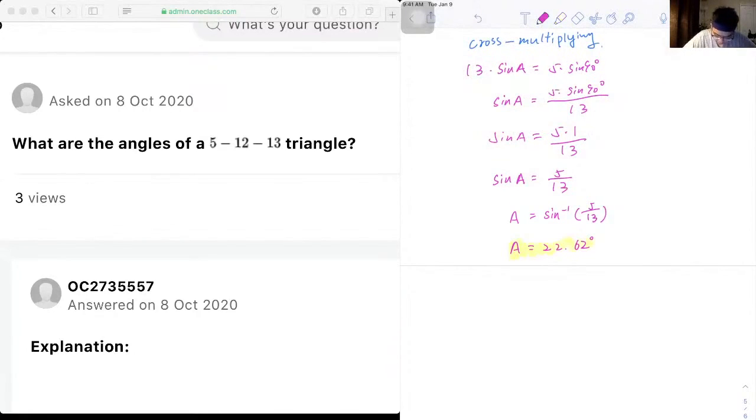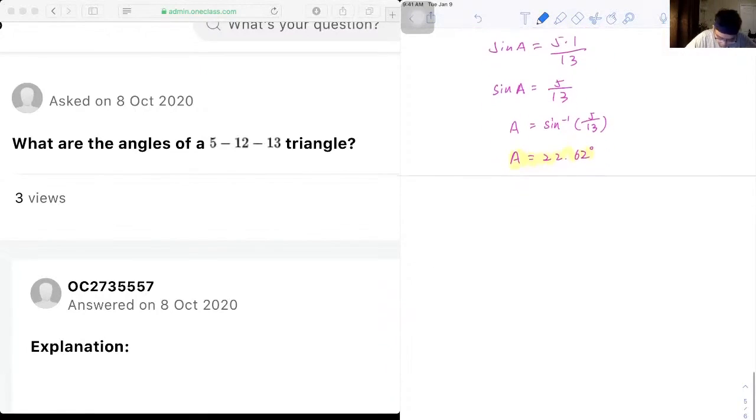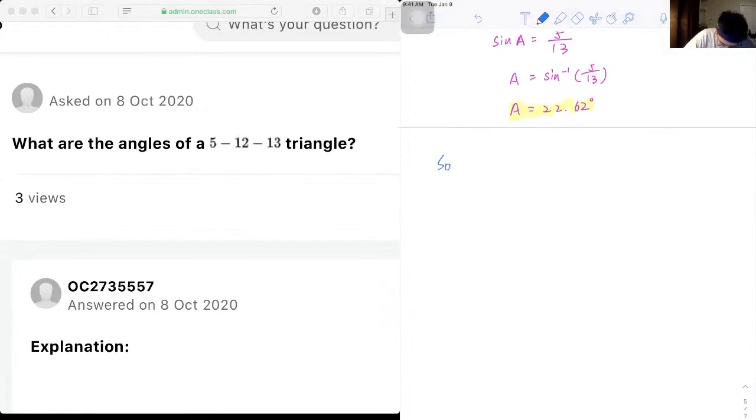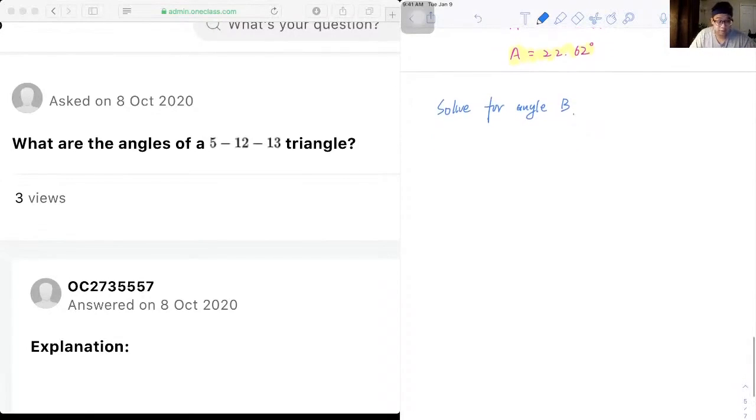And lastly, we need to solve for the remaining angle B. There are several ways of doing that.